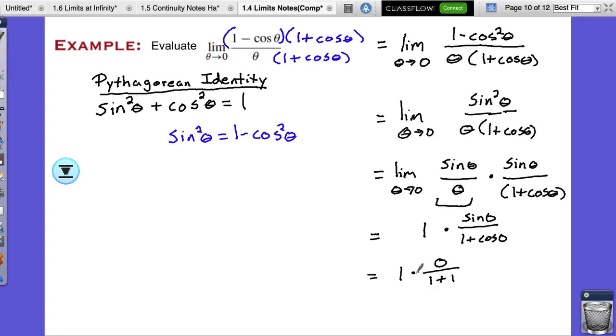So we end up getting 1 times 0 divided by 2, which is just 0.